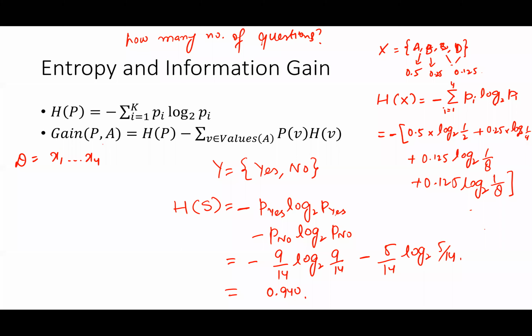So the gain of a particular attribute is equal to the initial entropy of the whole system, minus the average entropy if you select this attribute, and that gives you the information gain of that attribute. Fine. Let me try to explain this a bit more.